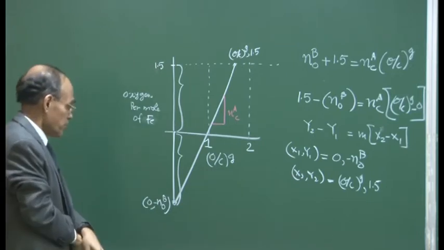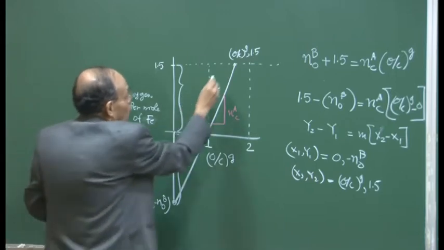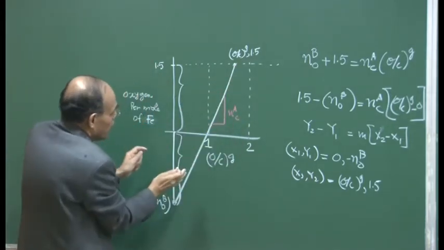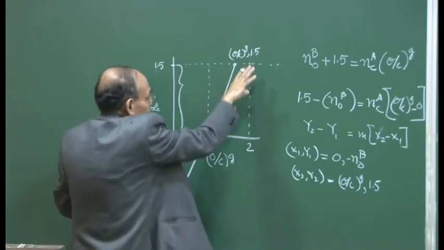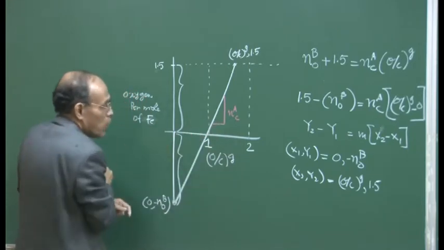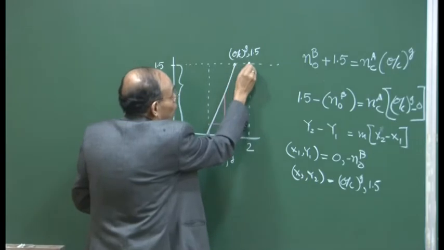And then you must understand that the O by C ratio is going to be changing. As I have already said, if the line tilts to a lesser slope, it means a lesser coke rate, and therefore we have more and more CO2.